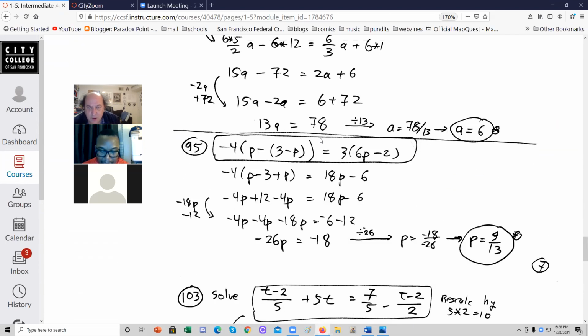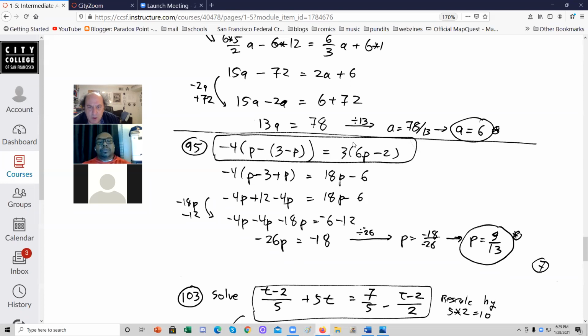Here, this is one that's 2 parentheses deep. All right, fine. Negative 4 times (p minus (3 minus p)) equals 3 times (6p minus 2). First thing we'll do is dissolve this innermost parentheses by distributing the negative. Negative 4 times (p minus 3 minus a negative p, which is plus p).